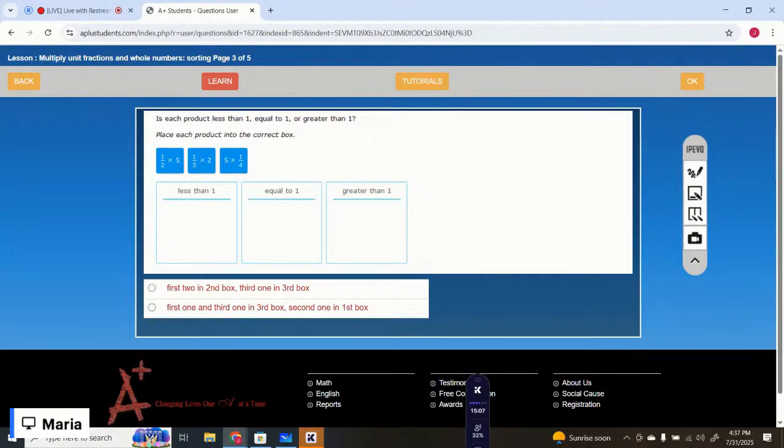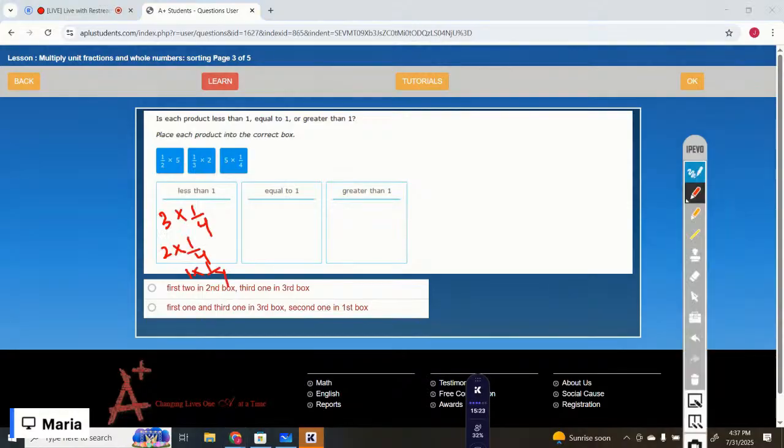Is each product less than 1, equal to 1 or greater than 1? So 5 times 1 by 2 is greater than 1. 2 times 1 by 3 is less than 1.